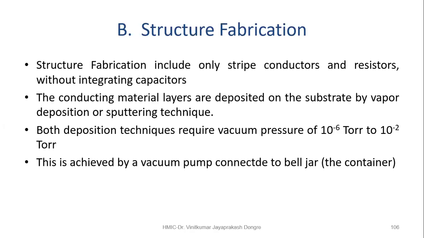Here they are done in a vacuum with a pressure of 10 to the power minus 6 or 10 to the power minus 2 torr. This pressure is different for every method, which we'll discuss. With the vacuum pump, the vapor is deposited. Here only the conductor and the resistor layers are fabricated. Integration of the capacitor is done afterward. Okay, so this is for conductors and resistors.